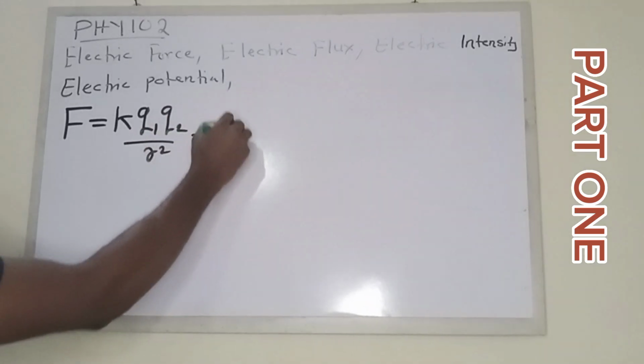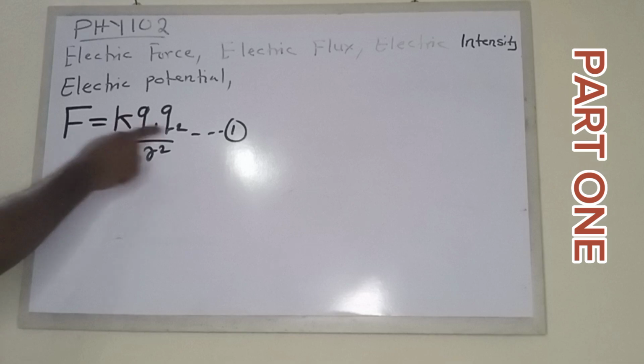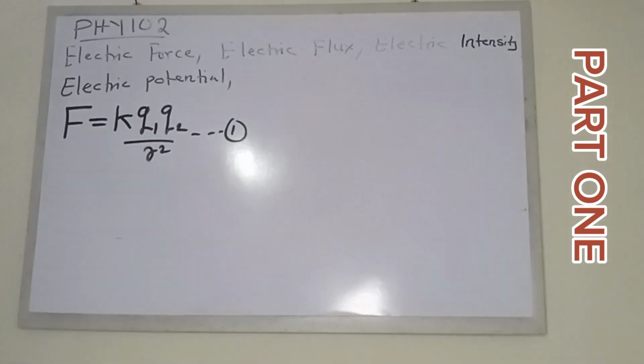So let's keep this one as equation 1. This is the electric force of attraction between two charges. If it is attraction, it means one charge is positive and the other negative. But if it is between positive and positive or negative and negative, it is repulsion. That should be force of repulsion.